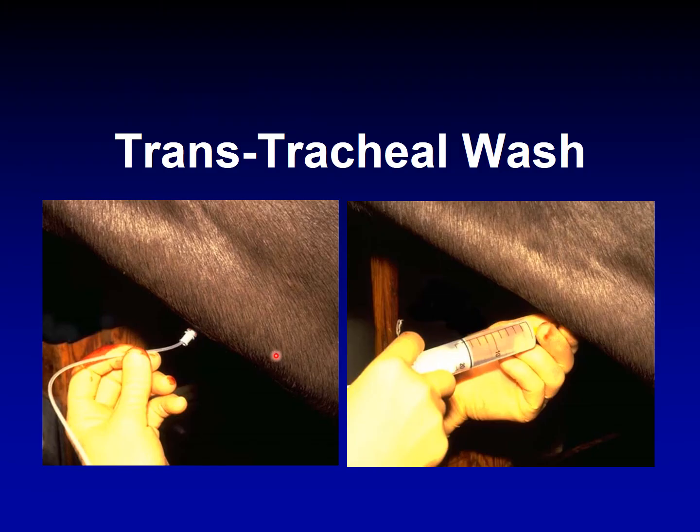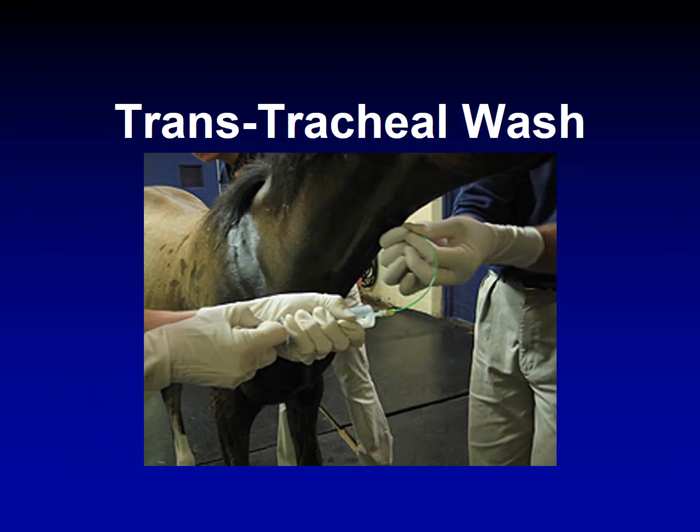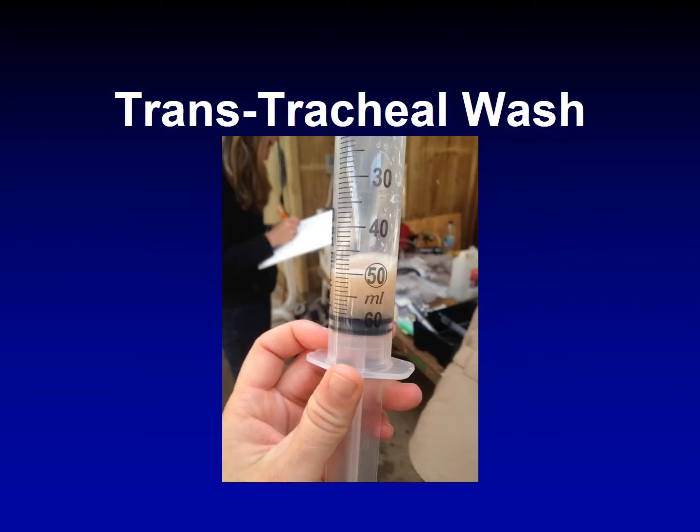After that, you insert the plastic tube in the trachea all the way to the bronchioles, and then you start injecting sterile saline, and then you start aspirating back what you injected. And here you aspirate, as you can see here, and this is what the clinicians collected. This fluid that they collected goes to the laboratory for analysis. This is basically transtracheal wash.